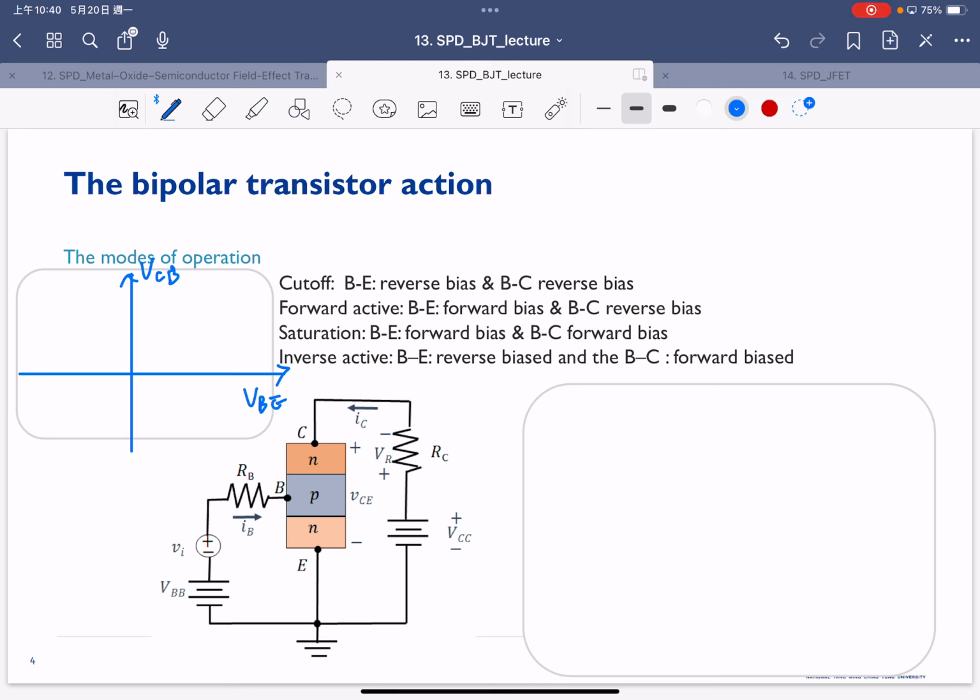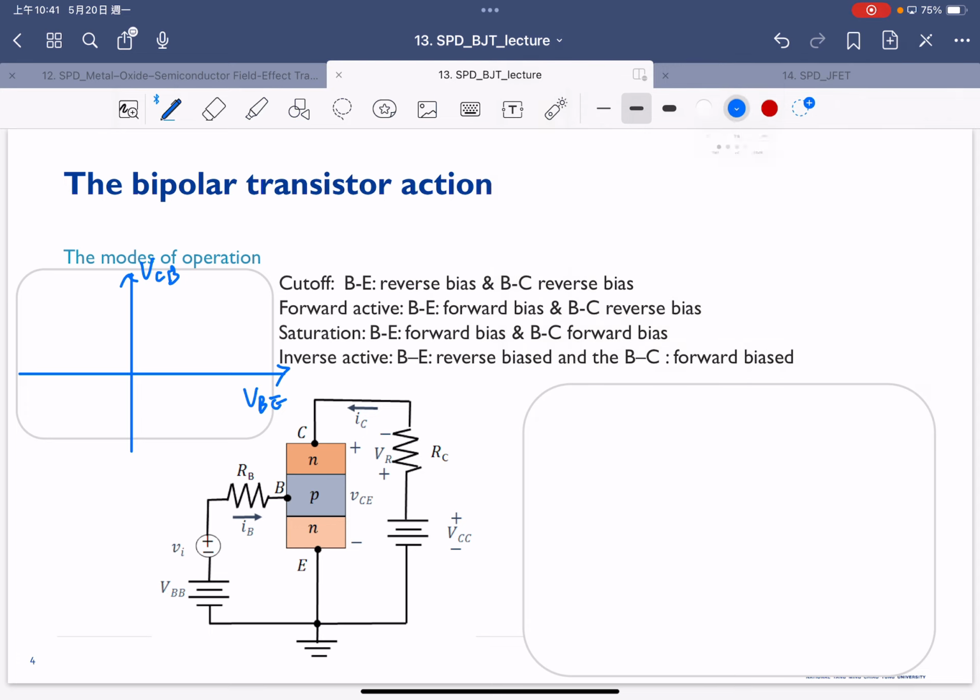Therefore we have 4 different regions here. The first, very interesting one is the forward active. The forward active is the region where the base-emitter is forward biased and the base-collector is reverse biased. So that will be in this region.